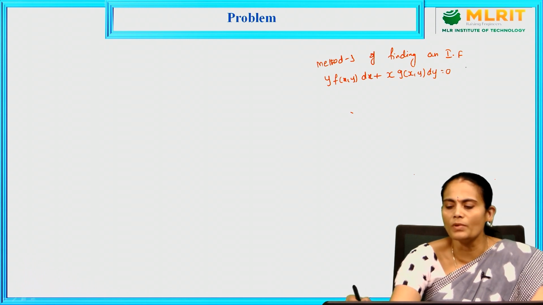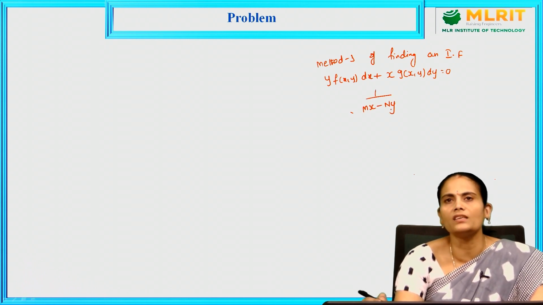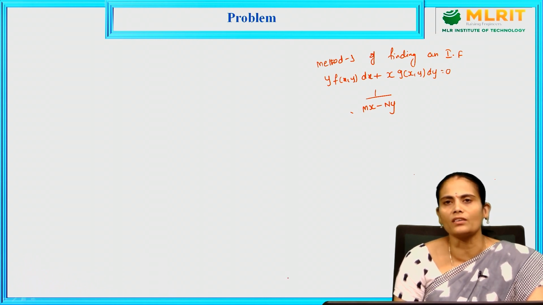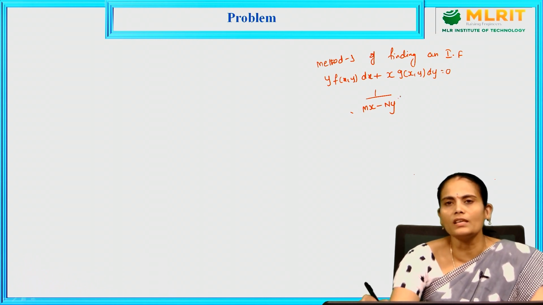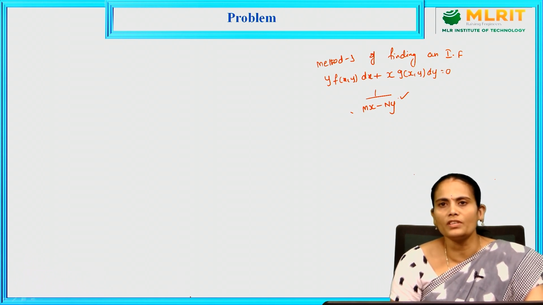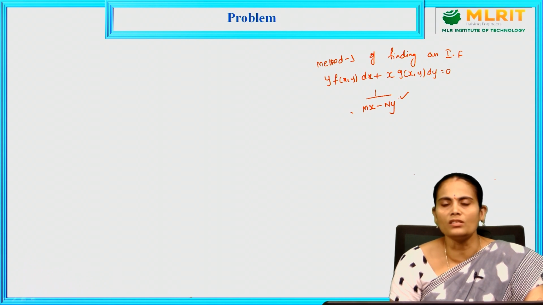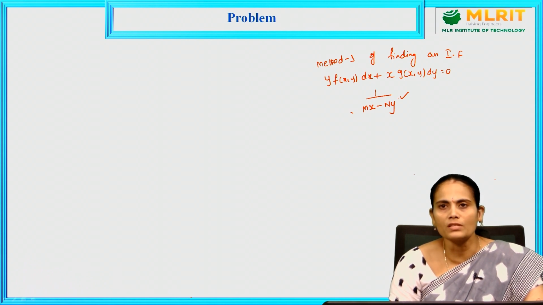This is the form. If it is of this form, the integrating factor is 1 by Mx minus Ny. After getting this integrating factor, you have to multiply it with the given non-exact differential equation. Then the non-exact differential equation reduces to the exact differential equation, and then finally you have to find the general solution. So this is the topic we discussed in today's session.